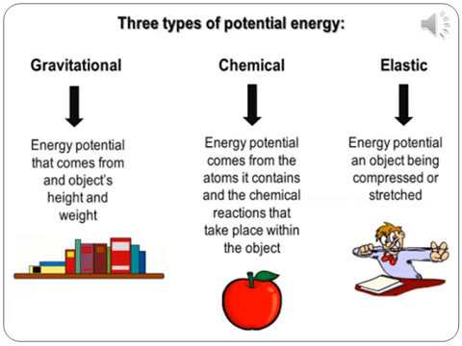Chemical potential energy derives from the atoms of an object, and the chemical reactions taking place within the object are responsible for this energy. And elastic potential energy of an object is due to the compression or stretching of an object.